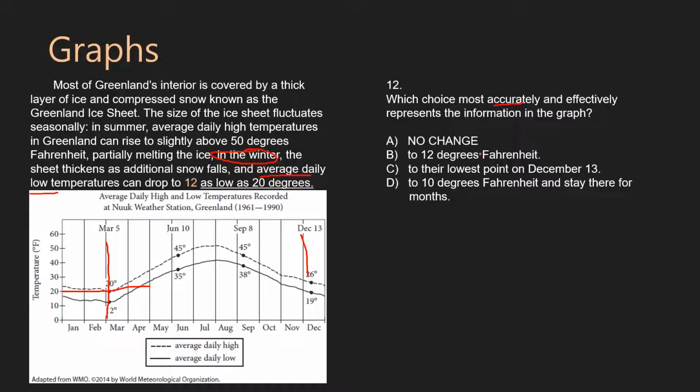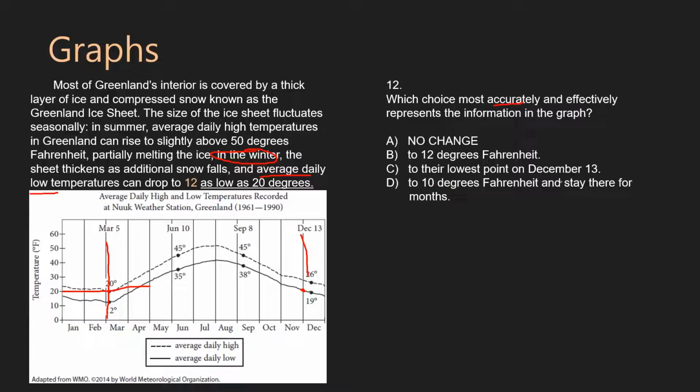B says to 12 degrees Fahrenheit. I mean, it looks like the 12 degrees is outside of February, so maybe not in the winter, but it's not that far off. It's pretty close. C says to the lowest point on December 13th. Well, December 13th is this line right here, but that's well above 12 degrees. So that's definitely not true that it's the lowest point.